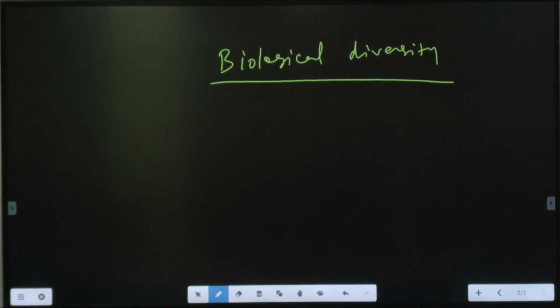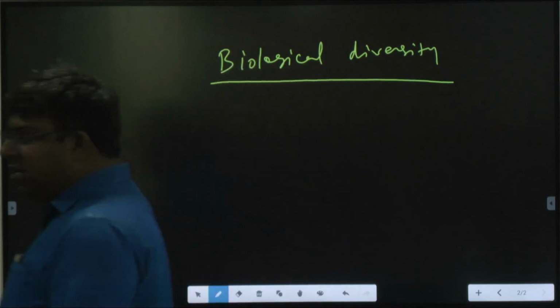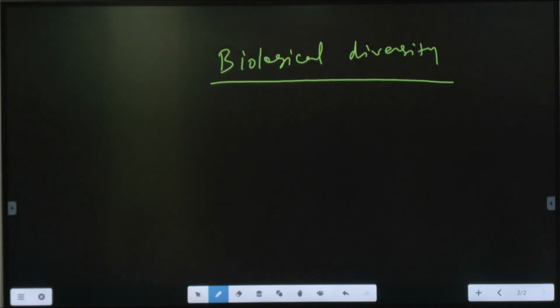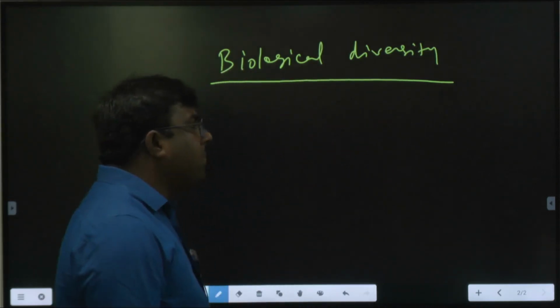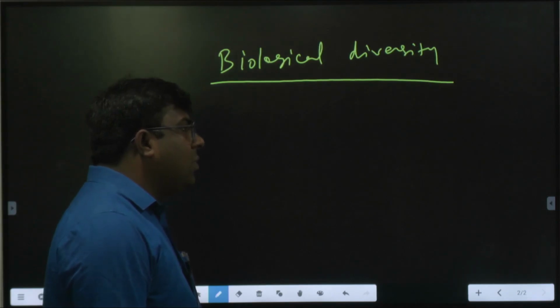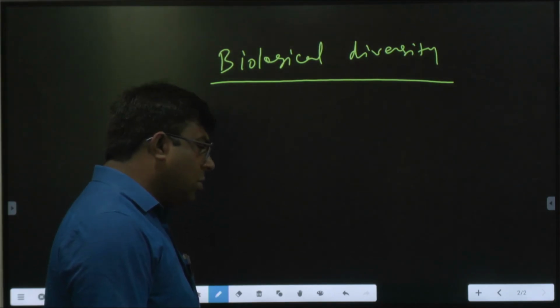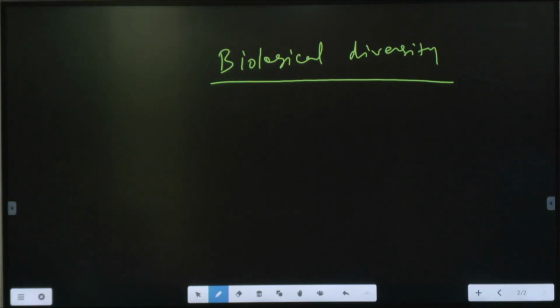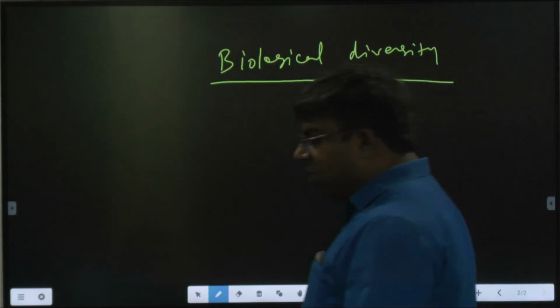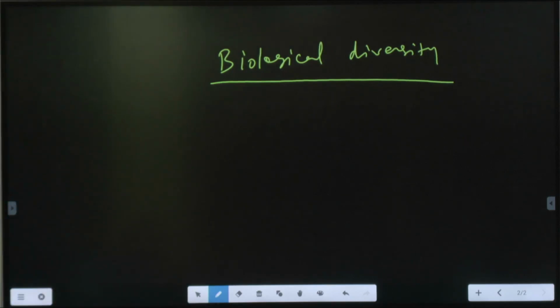Therefore our discussion related to the subject of biodiversity shall be only for this known biodiversity of Earth.